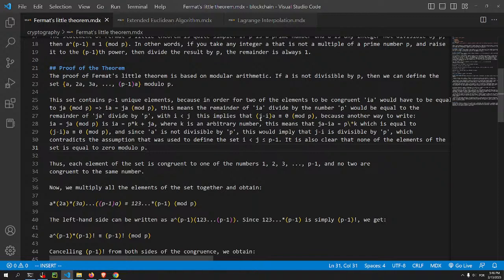This implies that, because another way to write it is this, where K is an arbitrary number. This means that this is equal to this. Because the remainder of the division of both sides would have to be 0.